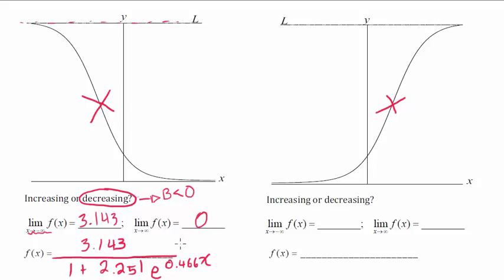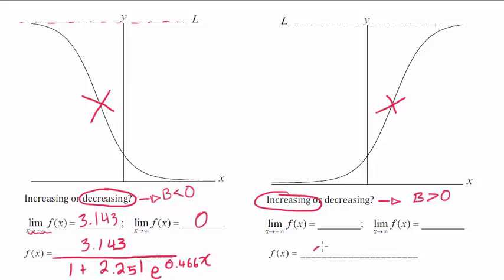Alright, now let's look at this second case. So here, this is the case where I'm increasing. Alright, so that tells me this is the case where b is positive. Alright, so that would be example B above.